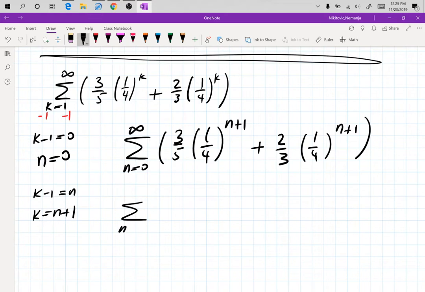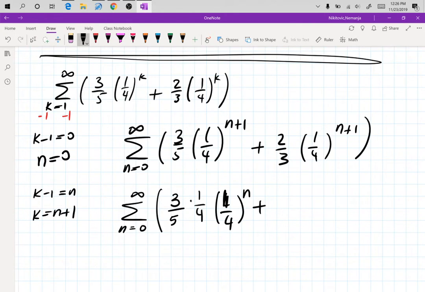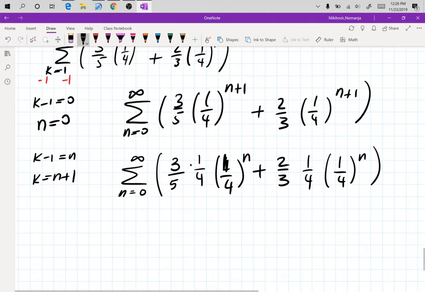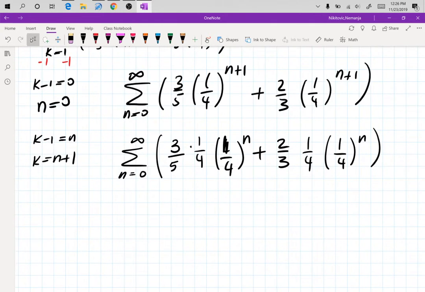Now this is where you have to peel off an extra power: you have your 3/5 times 1/4, and your 1/4 raised to the n, plus 2/3, you peel off 1/4, and you still have your 1/4 raised to the n.